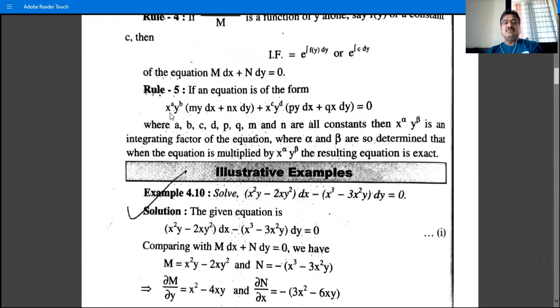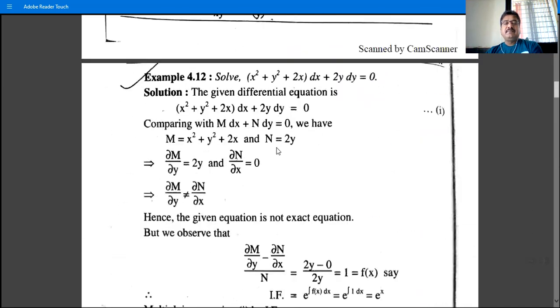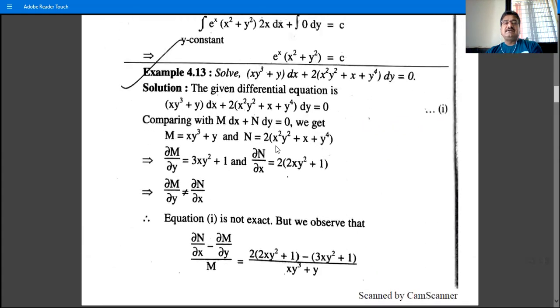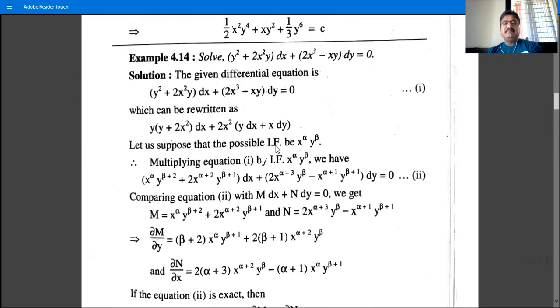So x^a y^b (m y dx plus n x dy). This bracket is of the type m y dx plus n x dy, where m and n are any constants, and x^c y^d (p y dx plus q x dy). So this is an example of this type.